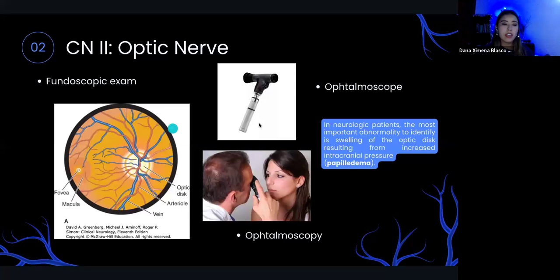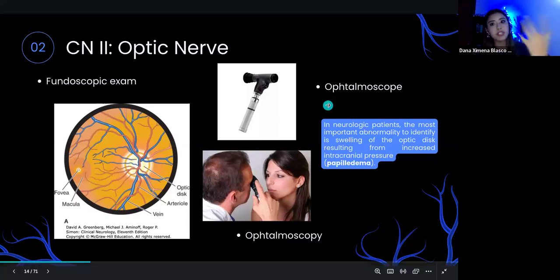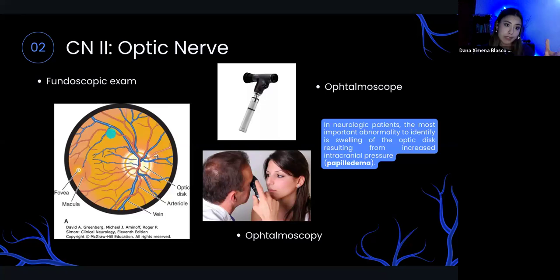After this, we're going to do a fundoscopic exam, also called ophthalmoscopy, and we're going to use an ophthalmoscope. In the fundoscopic exam, as the name says, we're going to examine our optic fundus. The fundus, as represented in this image, has these important parts: the fovea, the macula, the optic disc, an arteriole, and a vein.